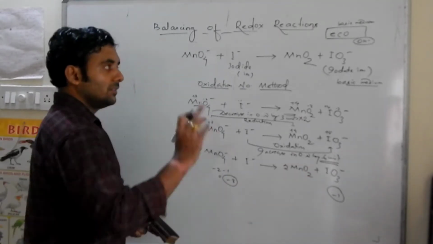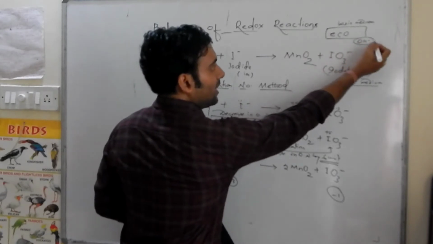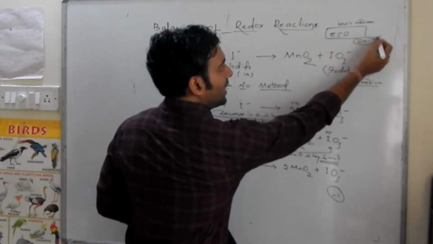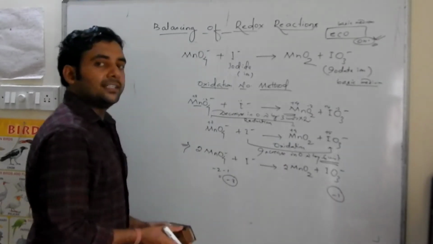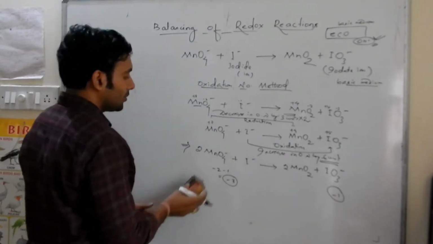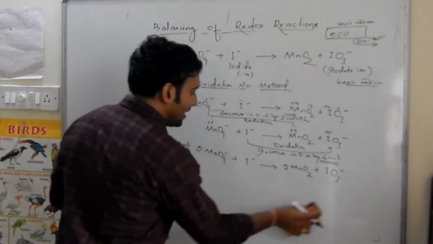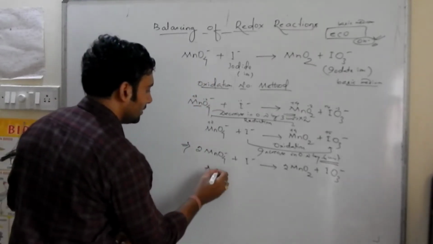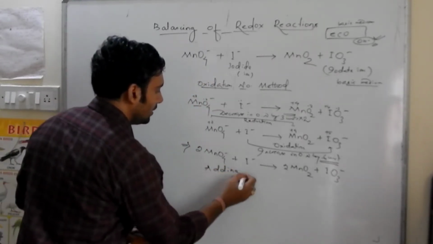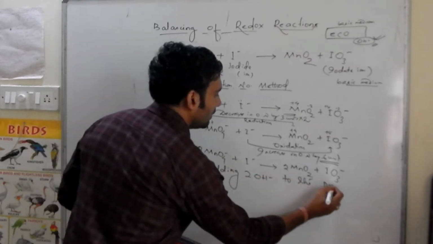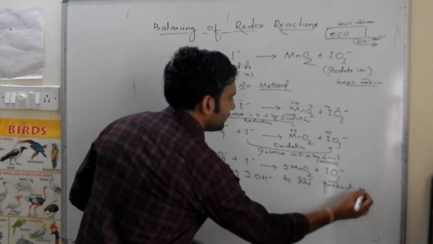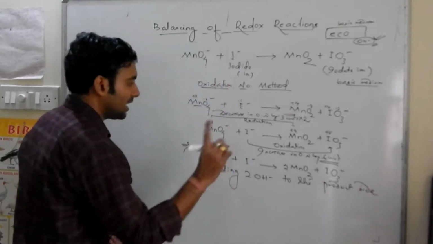To balance the charge we can take the help of OH-. As the product side is deficit of 2 negative charges, we will add 2 OH- to the product side, because of which the charge will get balanced.